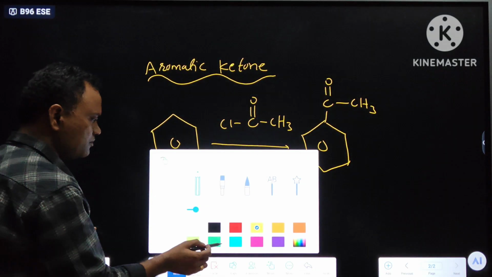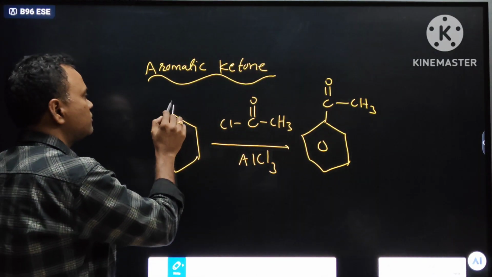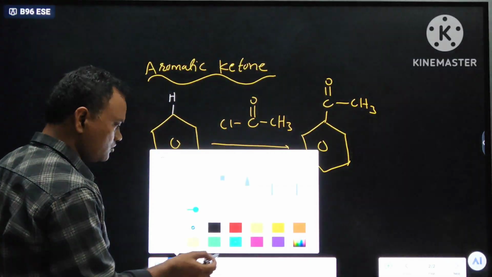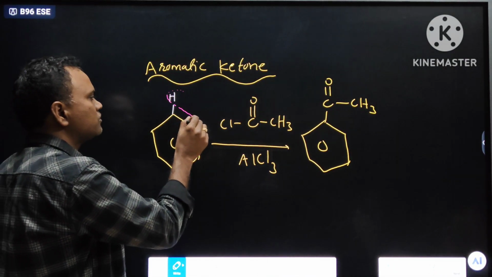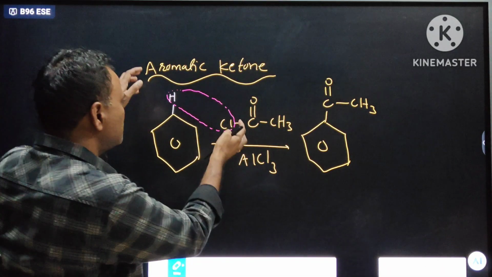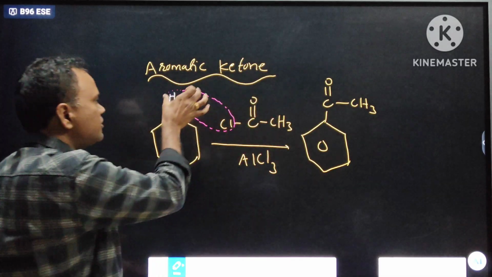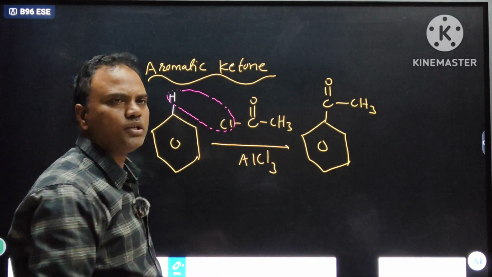How to write the mechanism? Shortcut mechanism. Let us consider hydrogen here. How to write the product? Remove H and Cl, remove these two, and attach the C double bond at this. So what you will get?